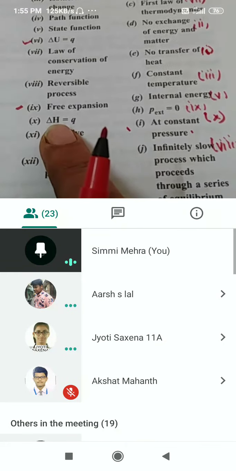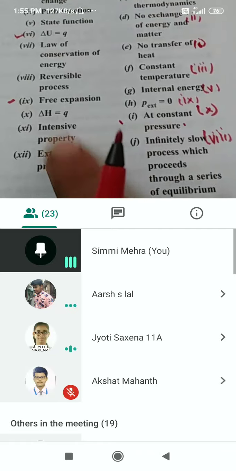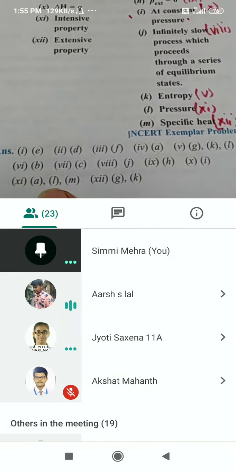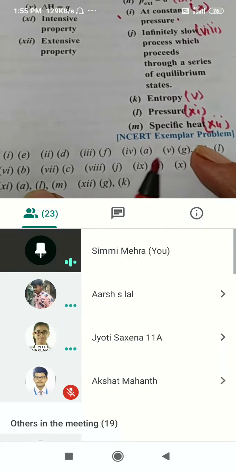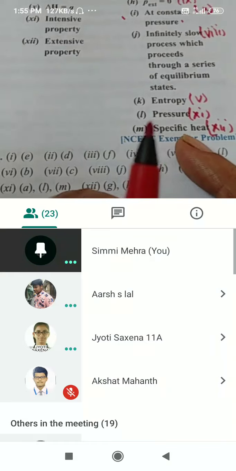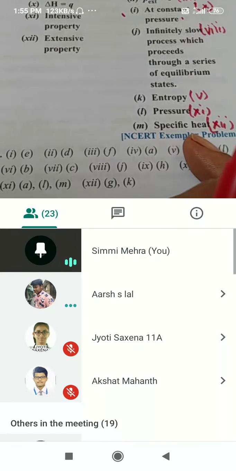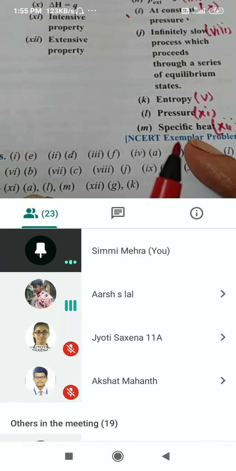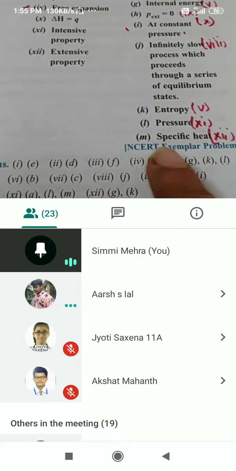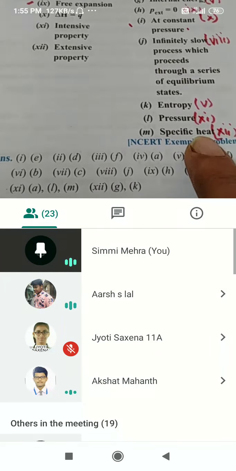Delta H is equal to intensive property. Intensive property is L we have marked. What is M? M, this is also intensive, correct? Specific heat is also intensive. And what about A? Specific heat. It can't be for both.